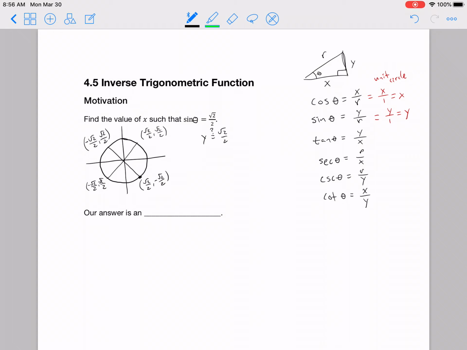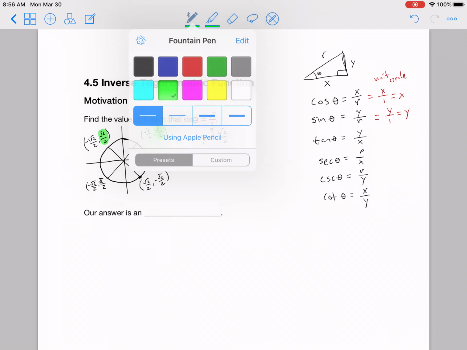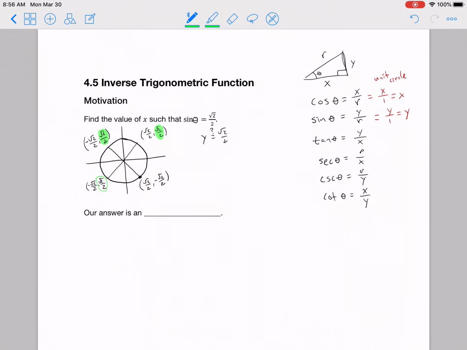All right, when does that happen? And if we look, it happens right here. It's square root of 2 over 2. Over here, it's square root of 2 over 2. Down at the bottom here, when we look at this one down there, this is negative square root of 2 over 2, and this is negative square root of 2 over 2. So because they're negative, they are not going to be part of our answers.